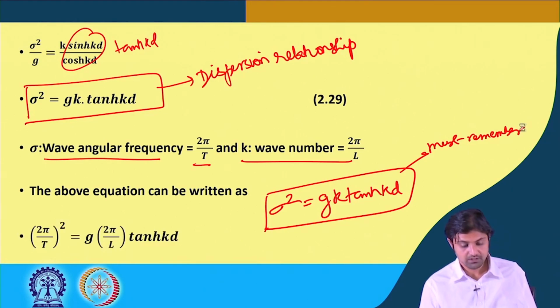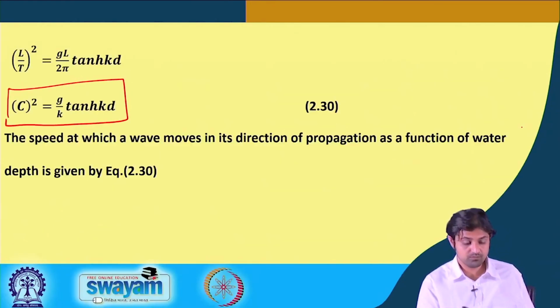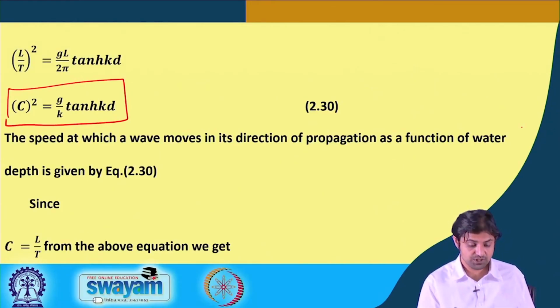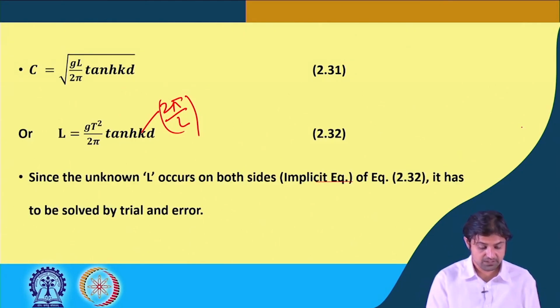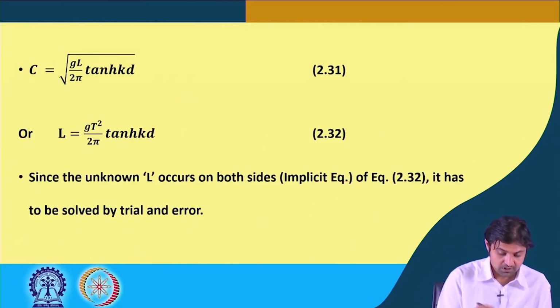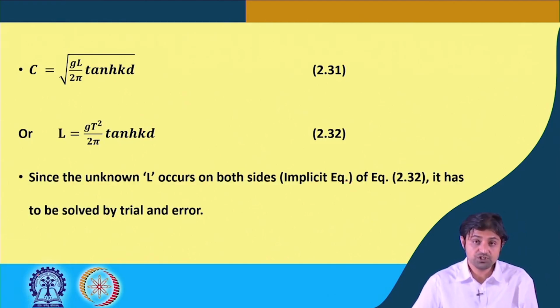Doing some manipulation here and there, we can also write L equal to gT²/2π tanh kd. This is also a different form of the dispersion relationship, and because L appears on both sides of this equation 2.32, it needs to be solved by the trial and error method.